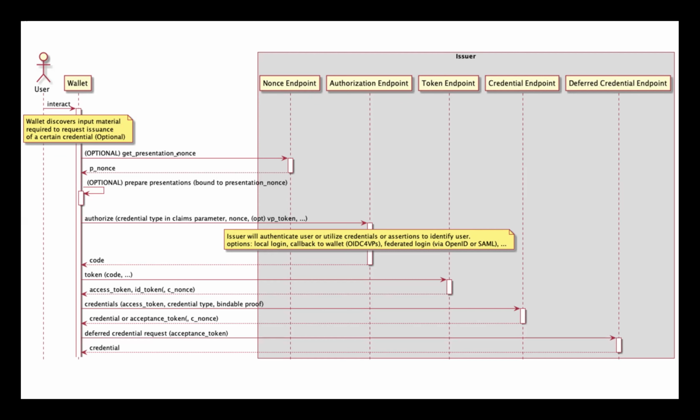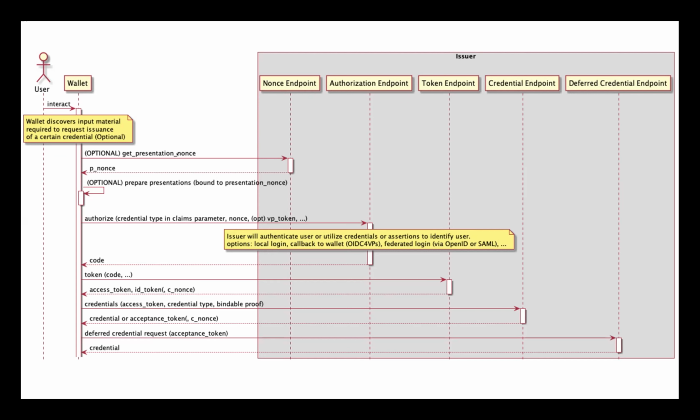And for those of you that attended the DPoP session, you will hear things that sound very familiar, because basically the P nonce that is generated by the issuer serves a very similar purpose to the nonce that is generated for protecting the DPoP proof.